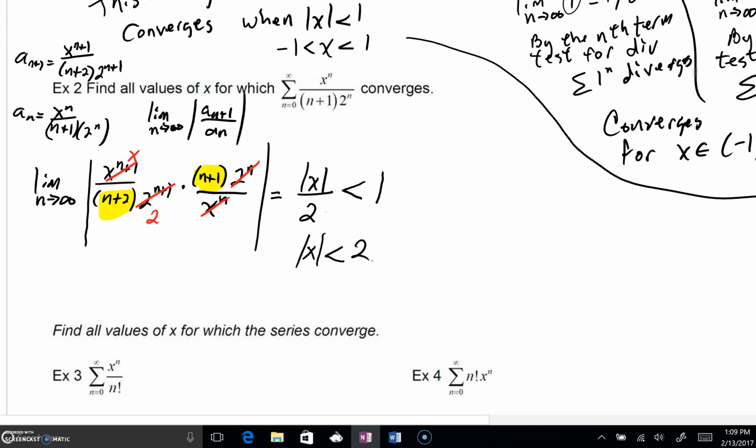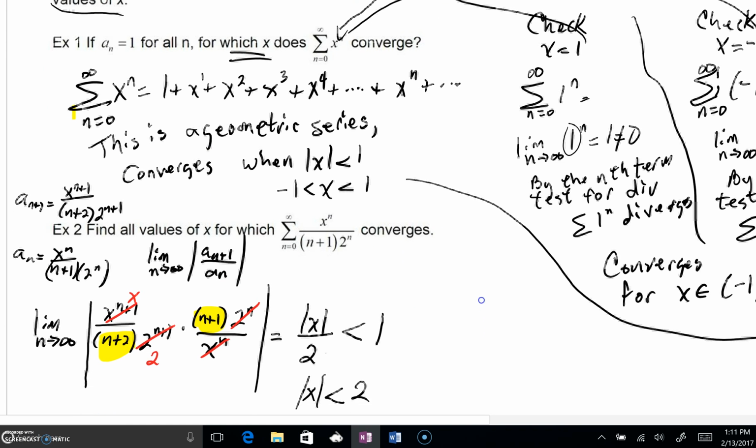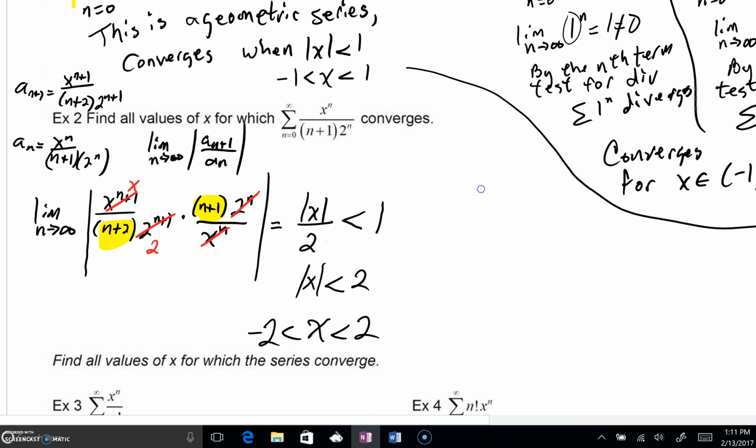And then if we do a little sandwich, we're going to be between negative 2 and positive 2. Okay, so guys, we found an interval of convergence, but now what you must do is check the endpoints. You've got two additional cases, x equals 2, x equals negative 2.